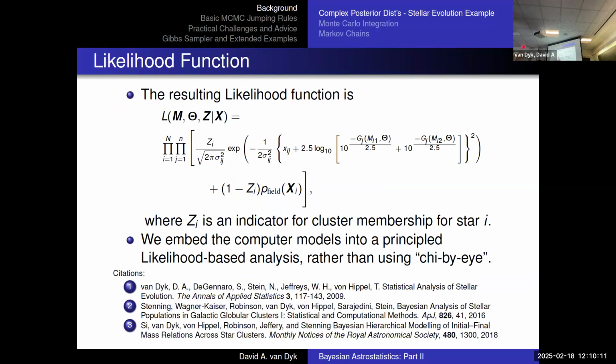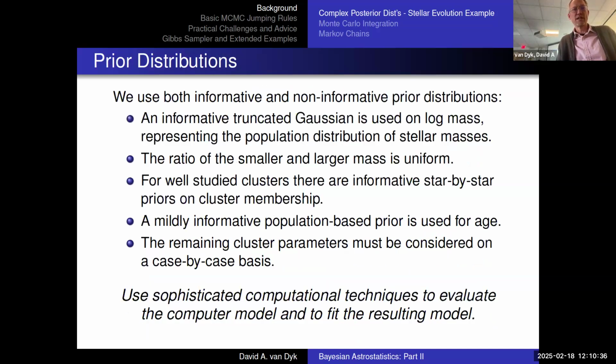And I have to have another variable here that tells me Z is equal to 1 if it's a cluster member, and Z is equal to 0 if it's a background star. And I have to have a model for the magnitudes for the background. And that's not too important. It needs to be just kind of spread out and possibly everywhere. But it enables us to probabilistically remove the background stars. So that's what the likelihood ends up looking like.